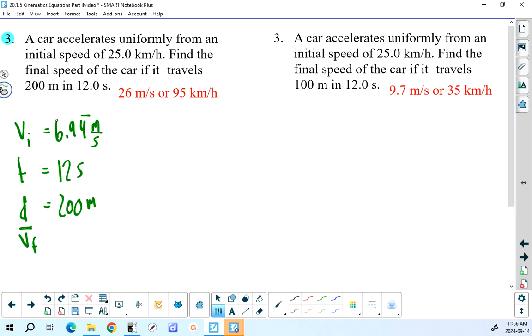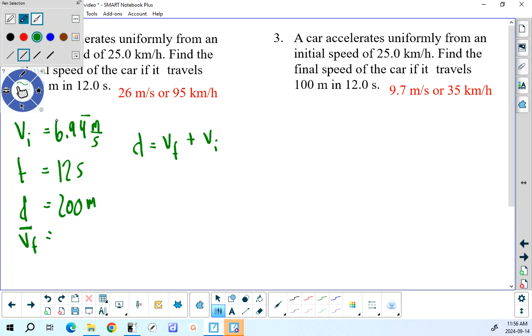The formula you're going to use would be D equals VF plus VI. A couple of you on the quiz put a minus here. I know why you're tempted to do that, because it's VF minus VI elsewhere, but it's plus.